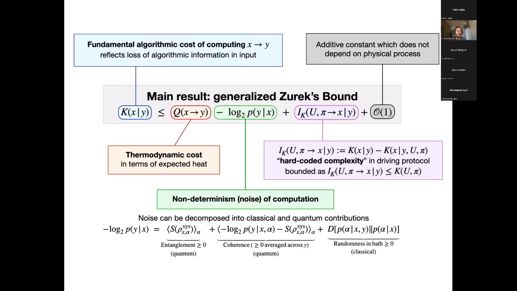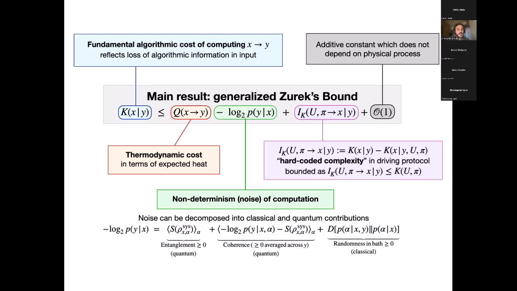So there's a contribution from the bath and the system becoming entangled. There's a contribution from the system becoming coherent in the logical state basis. And those are both quantum, of course. And then there's the contribution from the randomness in the bath. And that's the classical contribution. Okay.